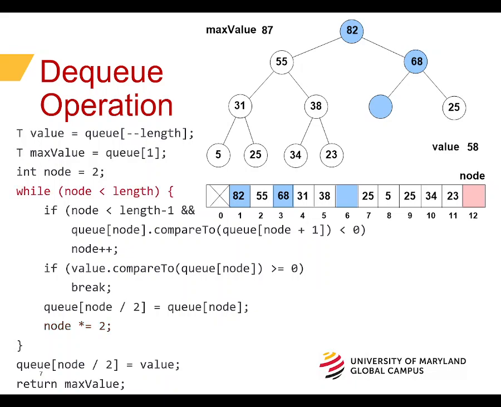We have reached the end of the branch, so the while condition is false and the loop stops. 58 is what was saved in value, and it is stored in position 6. And the contents of max value, 87, which was the value in the root, is returned.